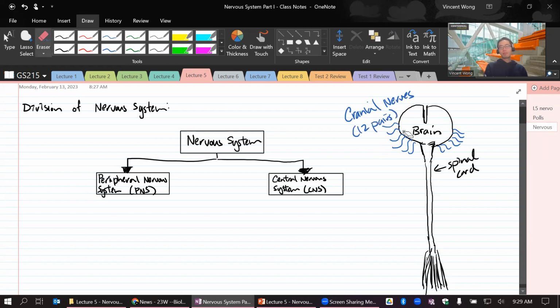Cranial nerves come out of the brain. They connect directly to the brain. And then, I should use a different color, we have these ones that are coming out of the spinal cord. This looks like some kind of creature from a sci-fi horror movie. These are the spinal nerves.